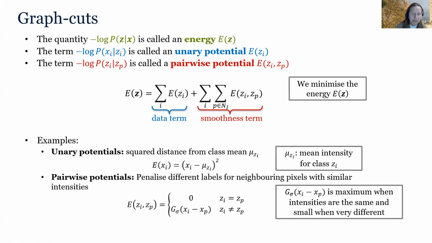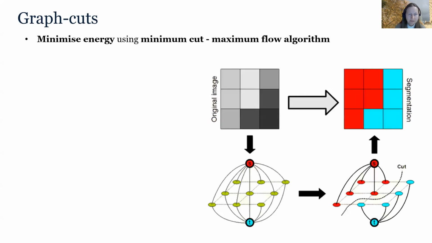Now we have the objective properly defined. We have an energy that we want to minimize. So the question is, how do we go about this? It's not very trivial because we have all these pairwise potentials. One of the cool algorithms that actually solves this problem comes from graph theory. That's why we talk about graph cuts. We will minimize this energy using the minimum cut, maximum flow algorithm.